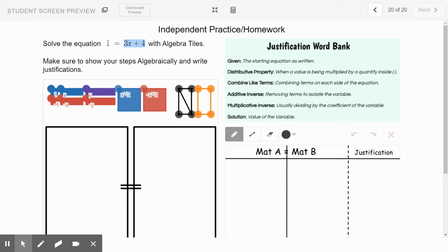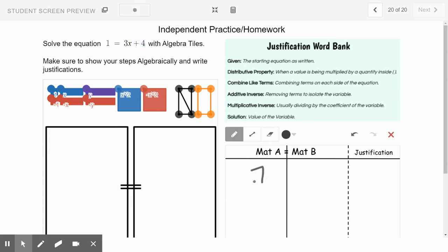So the very first thing I'm going to do is start by writing out my equation. It doesn't matter whether you start by writing it here on your justification step area, or if you start building it on the tiles mat. Either way works.